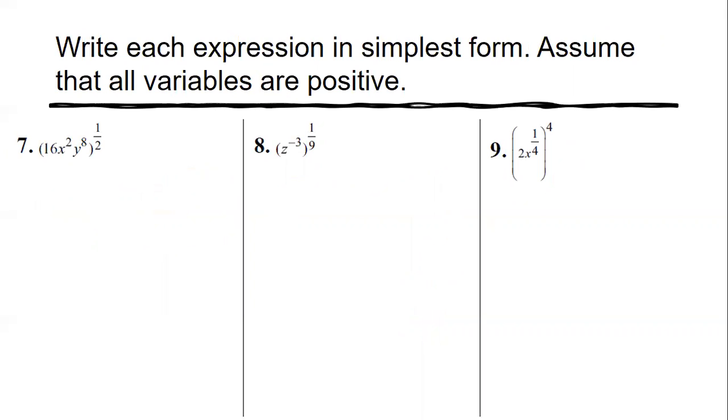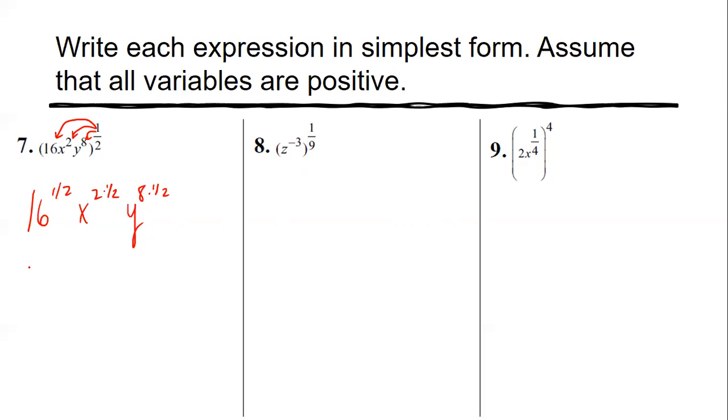All right, so we have 16x squared, y to the 8th, to the 1/2 power. So using our power rule, we have to do what? Distribute this power. You get a half, you get a half, you get a half. We all get a half. So we have 16 to the half. We have x squared times 1/2. And then we have y to the 8 times 1/2. 16 to the half.